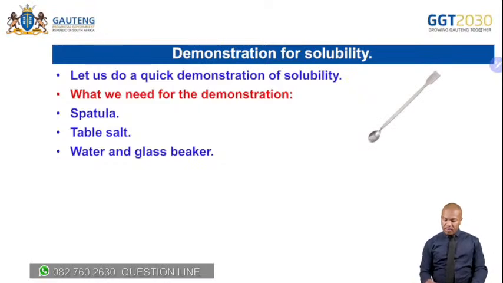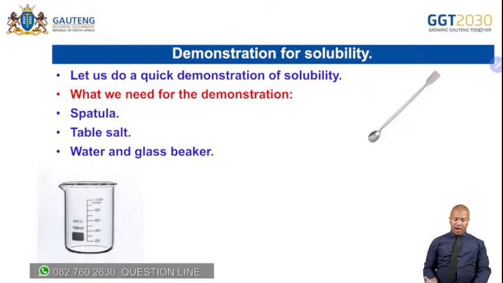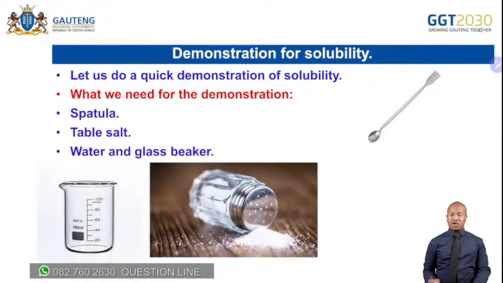Here is a picture of a spatula, a glass beaker, and table salt. So who can guess what is going to happen here? We're going to check the solubility of salt in water. So now let's just take 2 minutes to prepare, and we'll come back again after 2 minutes.